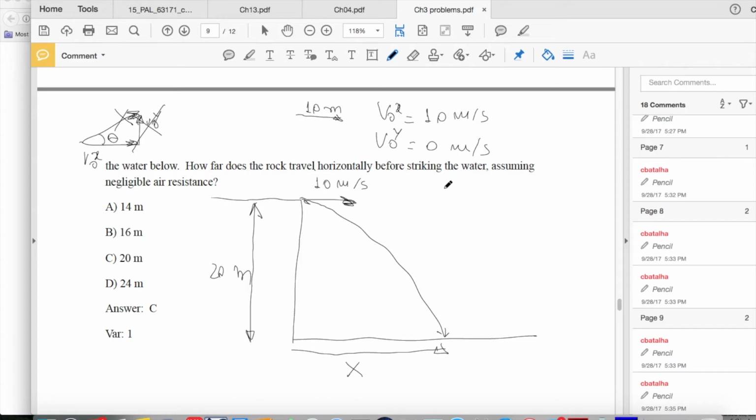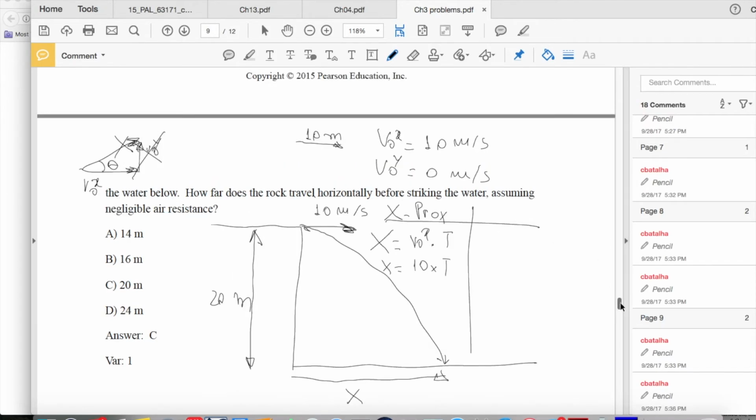In this type of problem, there are two situations. One, the projection in x is such that the movement has constant velocity. V is equal to v naught x, which means x is equal to 10, because it's given, times time.